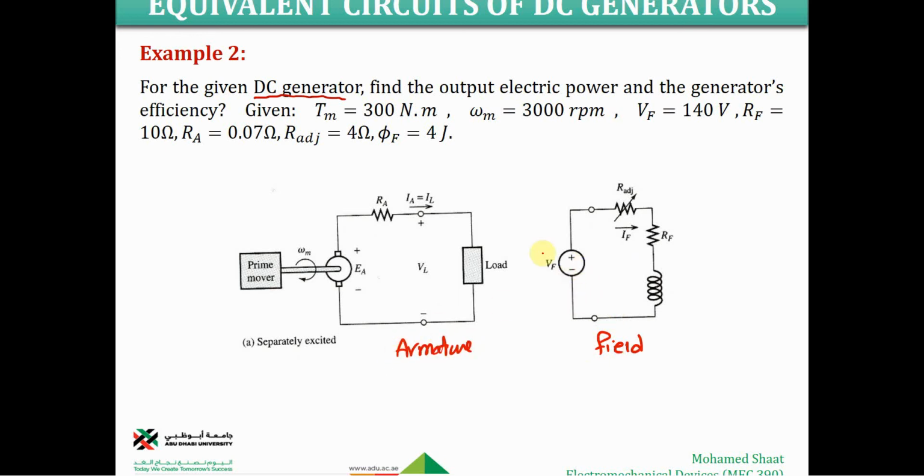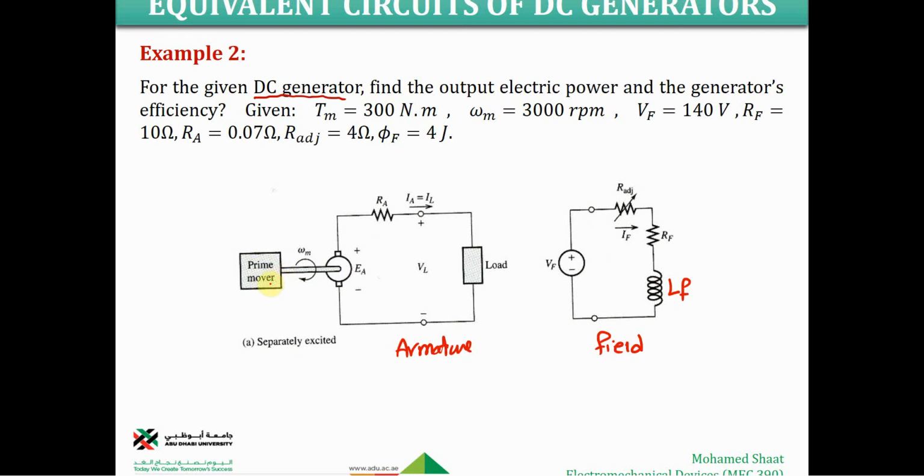For the field circuit, we have VF. This is a battery that is used for operating this field circuit. There is a coil here, LF, and the magnetic field is going to be generated, which is used to create this IF, which is the current. And we have here the armature circuit, and this is going to be the armature windings, which starts from a prime mover.